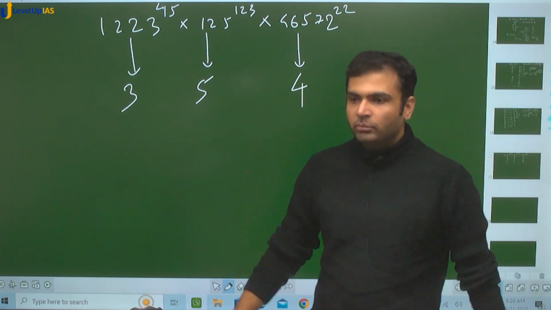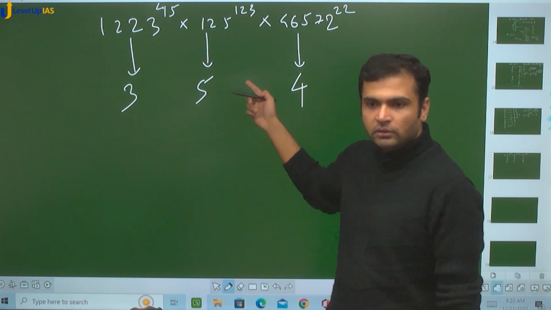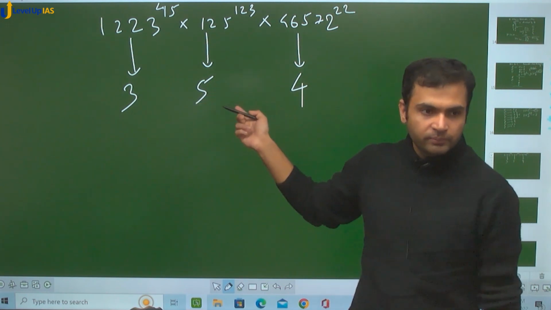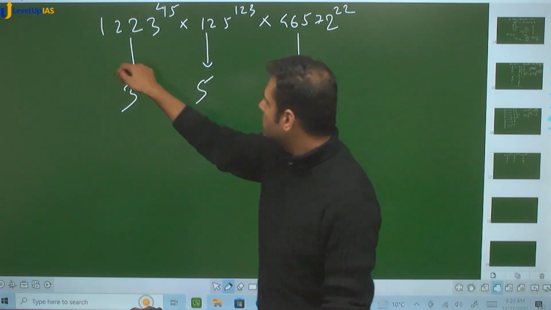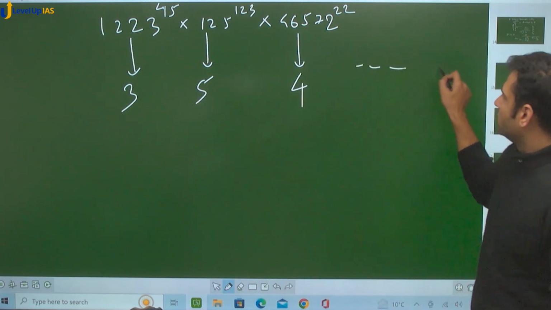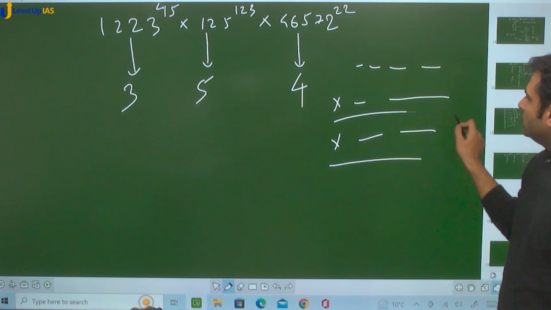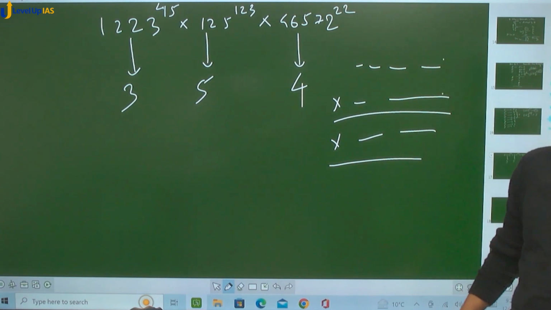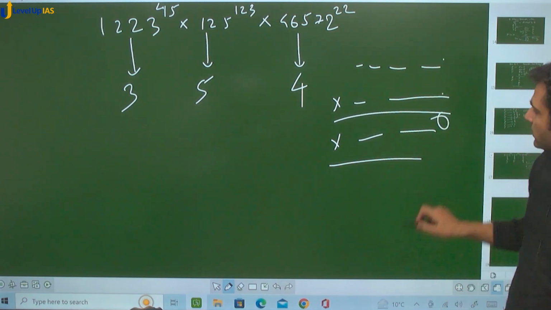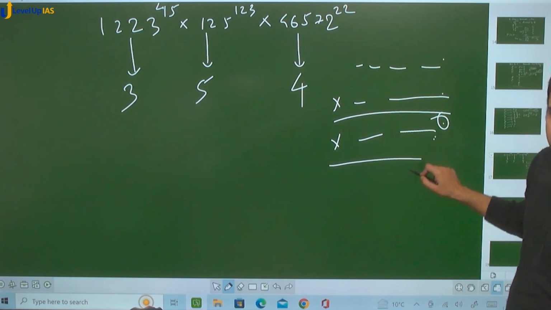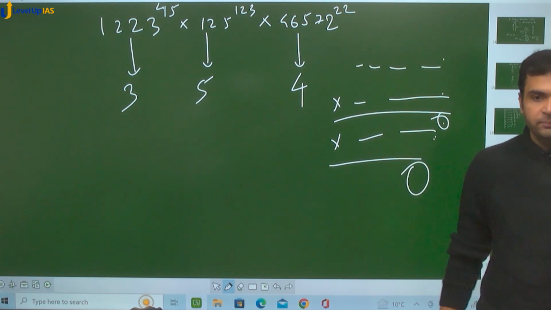And what did we say in multiplication? Units place only gets multiplied with itself. When you multiply these three numbers, firstly these two numbers, units place into units place, will get multiplied. Something will come here, then this number will get multiplied with this units place, so only units place will get multiplied.